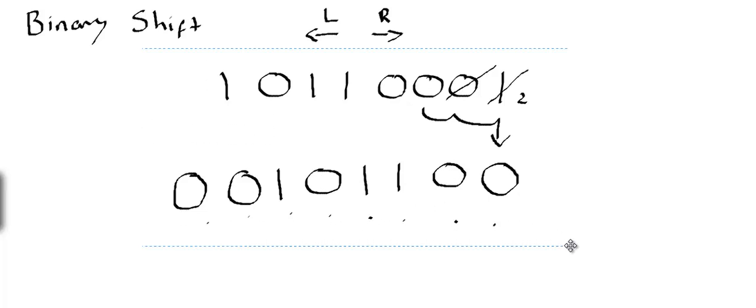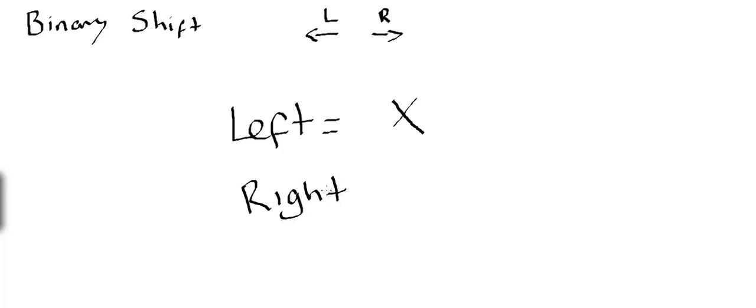Okay, so what we're actually doing when we're doing binary shift is we're either multiplying or dividing a binary number. If we are shifting to the left, then what we're actually doing is multiplying a binary number. If we're moving to the right, then we're dividing our binary number.